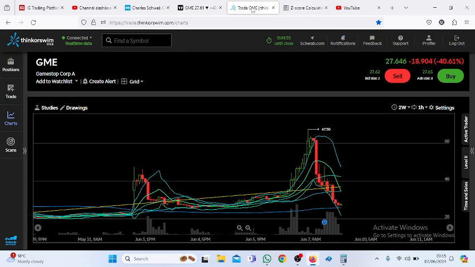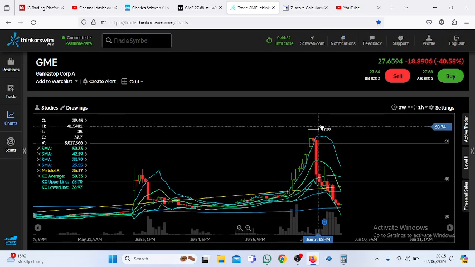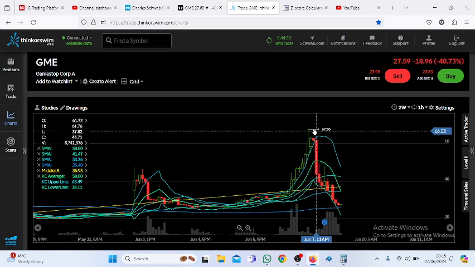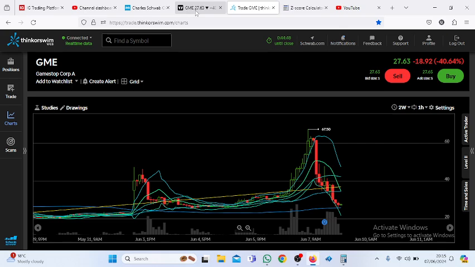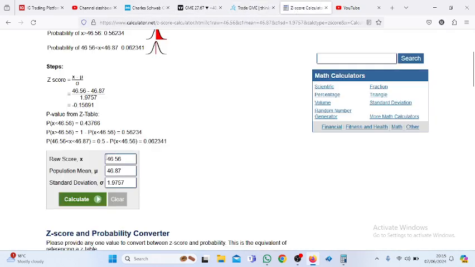But for us to see this again, we simply input this price here on calculator.net. The odds of it happening again are not going to be very high at all.